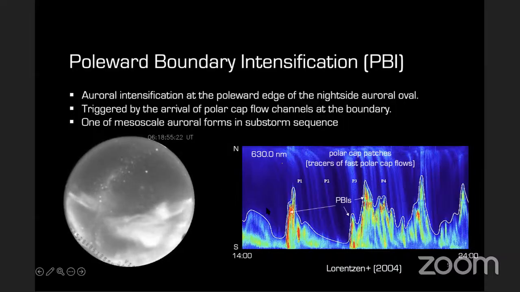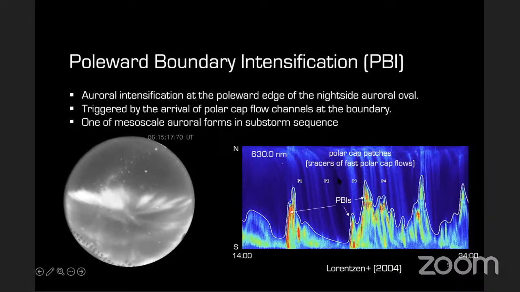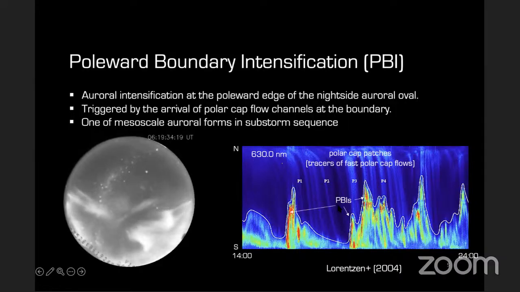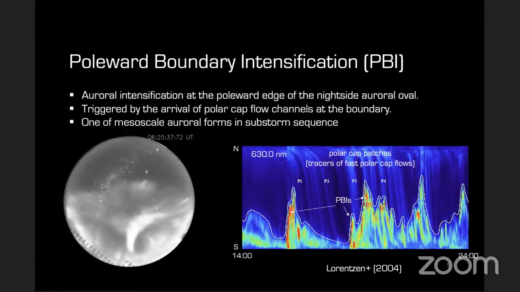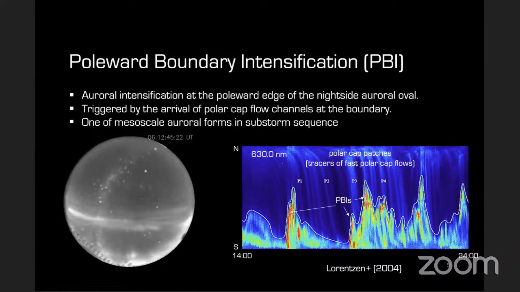The right panel shows the red line auroral keogram at Longyearbyen reported by Lorentzen 2004. In this keogram, we can see faint and bright emission traces. The faint emission indicates polar cap patches, while the bright emission indicates PBIs.